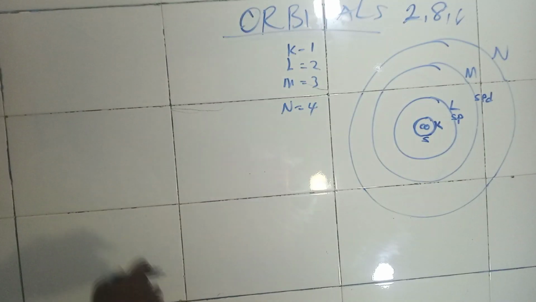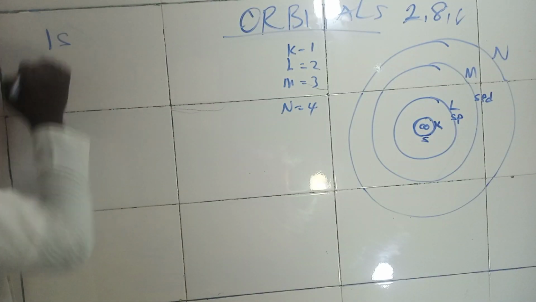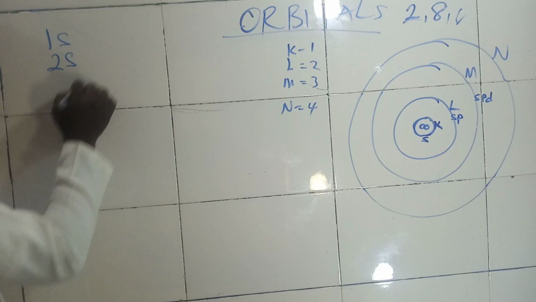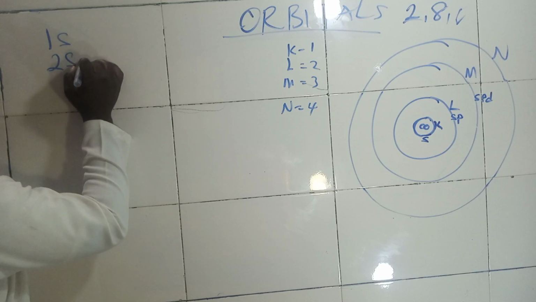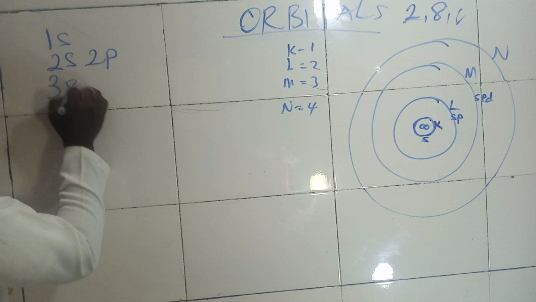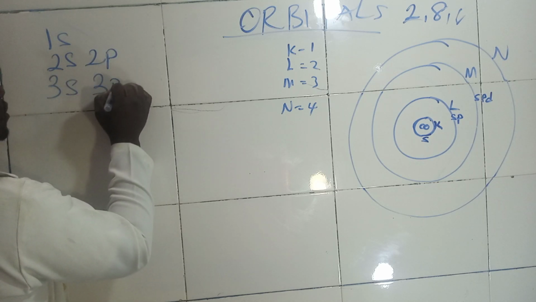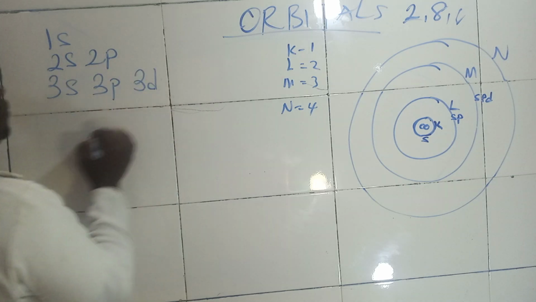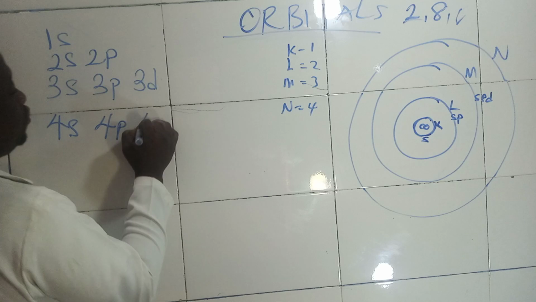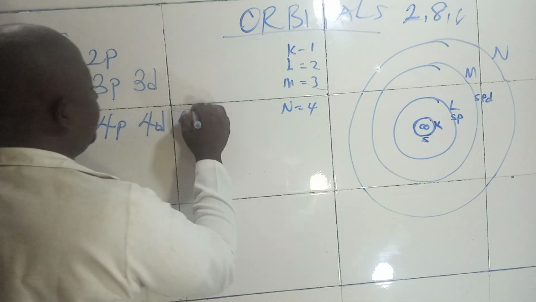Generally, you can have 1s followed by 2s, 2p, followed by 3s, 3p, 3d, followed by 4s, 4p, 4d, and 4f.